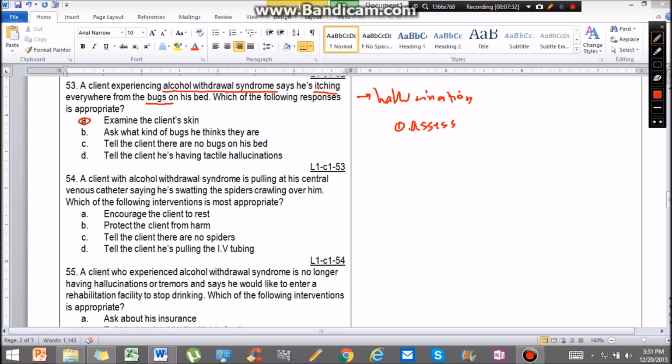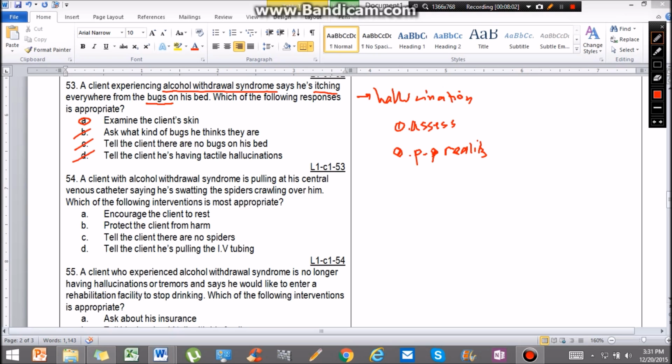After examining the skin, and you see that there are no bugs or any alteration in the skin, number two, that's the time you present reality. Therefore, A is the answer. Asking what kind of bugs he thinks they are will support the hallucination. Telling the client there are no bugs is an improper way of presenting reality. Telling the client he's having tactile hallucination is not appropriate. A is the best answer.